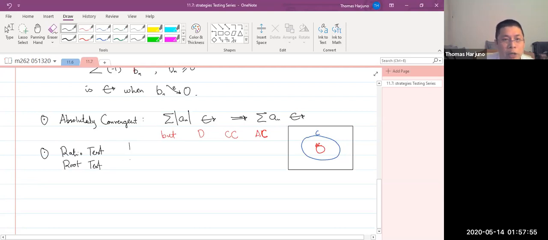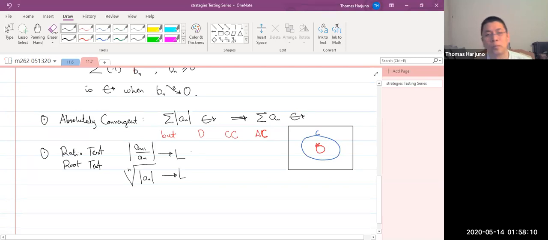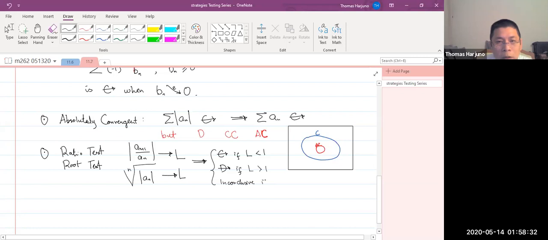Suppose the absolute value of a sub n plus 1 over a sub n converges to L, or the nth root of the absolute value of a sub n converges to L. Then the series is convergent if L is less than 1, divergent if L is greater than 1, inconclusive if L is exactly equal to 1. Okay, that's what we have learned so far.